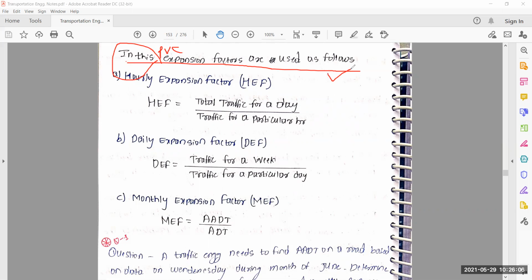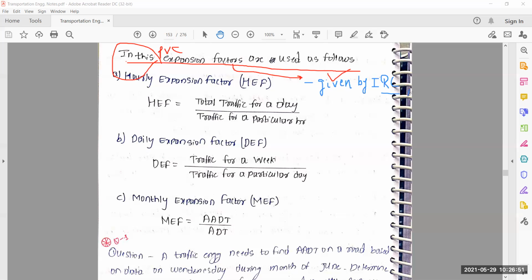Various expansion factors are used, and these expansion factors are given by IRC, that means Indian Roads Congress.